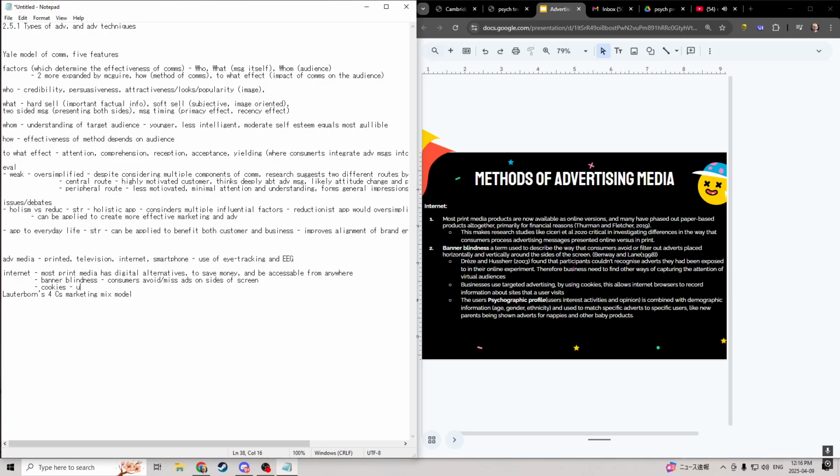Cookies used to track visit history used for targeted ads. The user's psychographic profile is combined with demographic information.